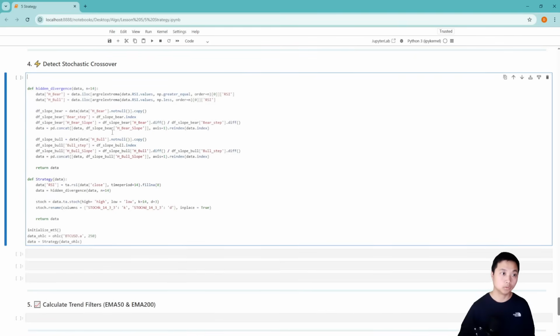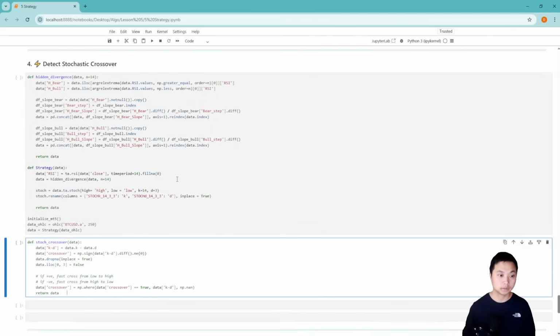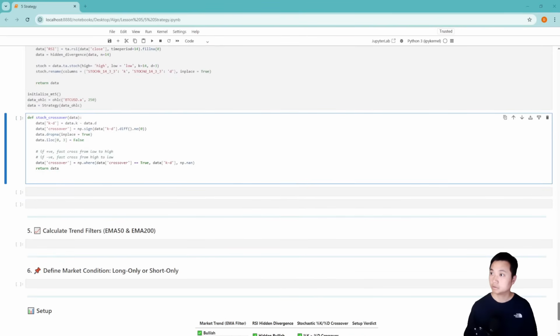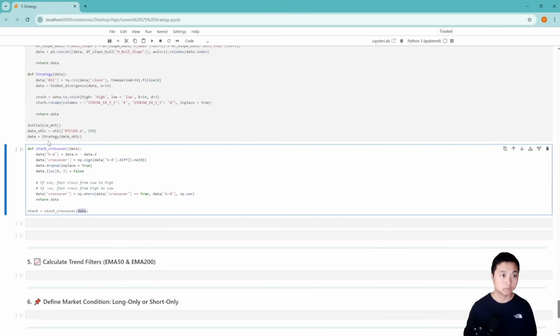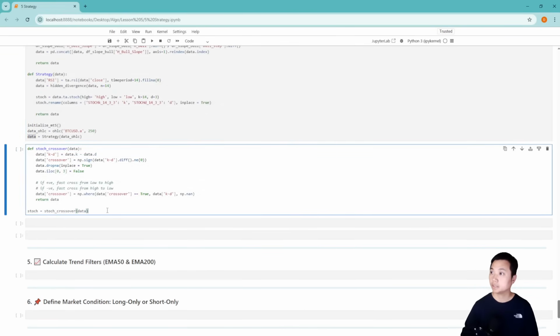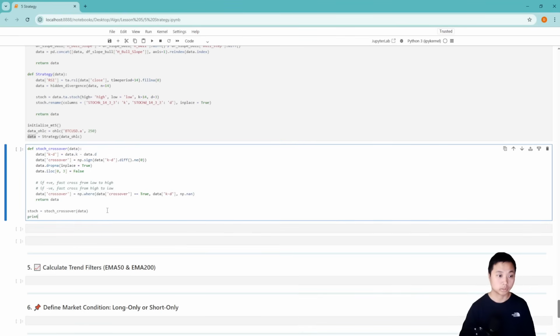So let's see what we've done here. Let's call this function, equals to this function, and then this data. This should be this data for the inside, and then we're going to print this one.